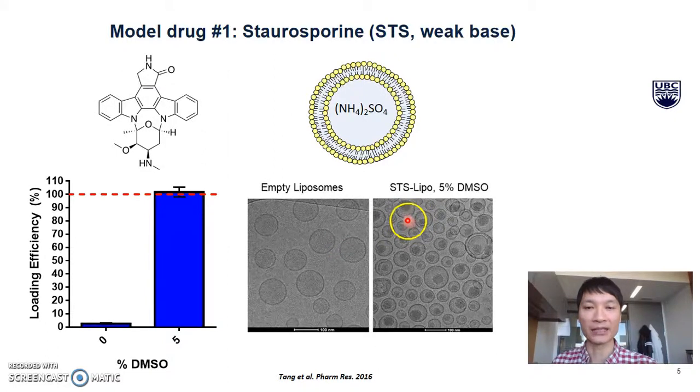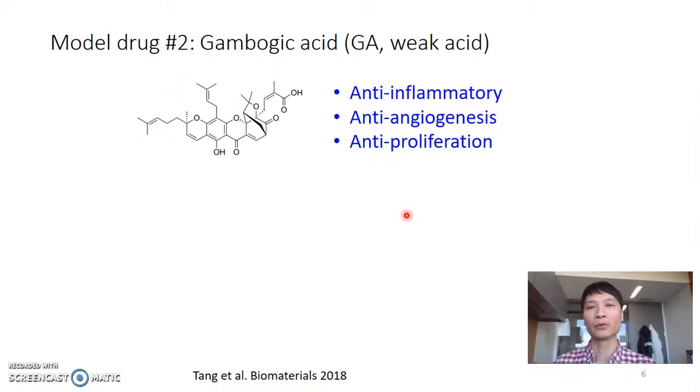But in this case, we indeed load Starsporin into the aqueous core of liposomes, and you can also appreciate the loading capacity is much larger in the aqueous core compared to the lipid bilayer, and Starsporin is forming aggregates inside the liposomes. So our technology is working with weak-base drug. How about weak acid drug?